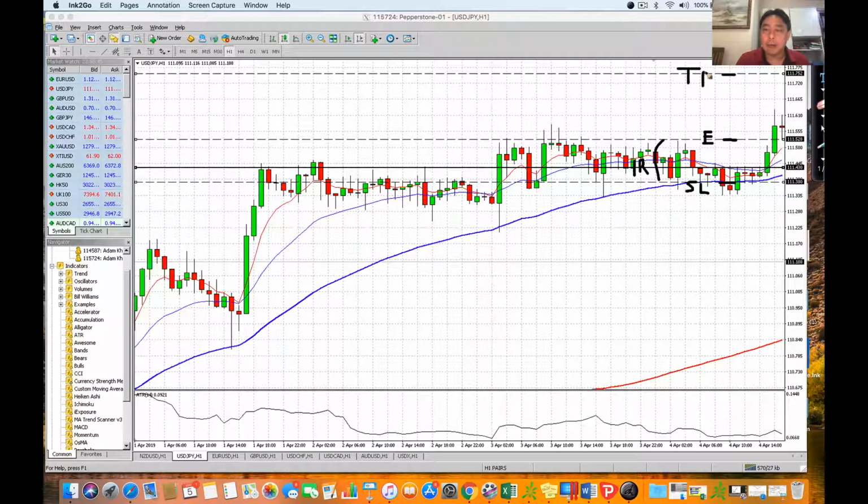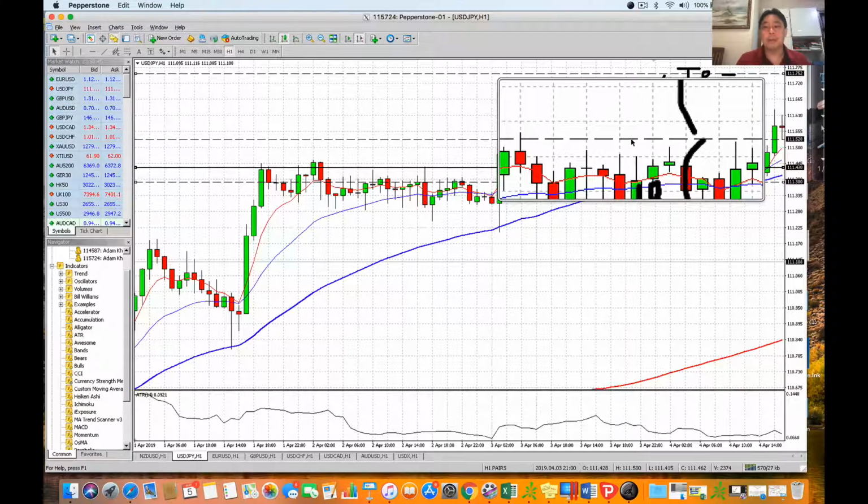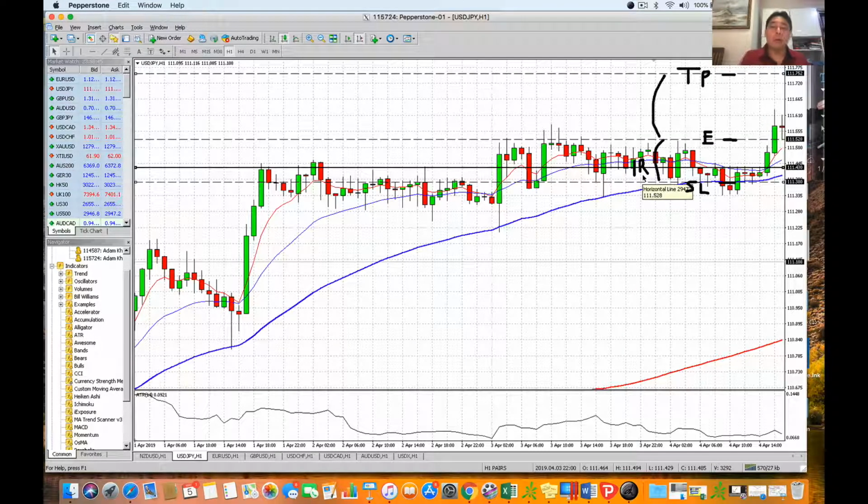That's our target profit. And if you measure this, how many pips is that? This is roughly about 22 pips. So our stop loss was about 15 pips.